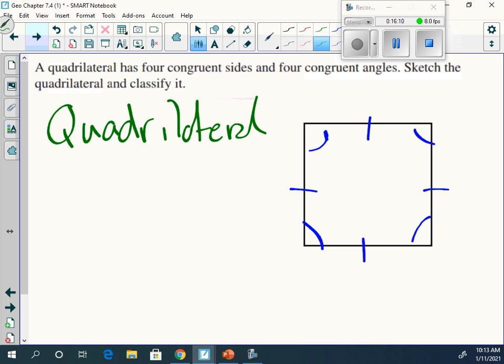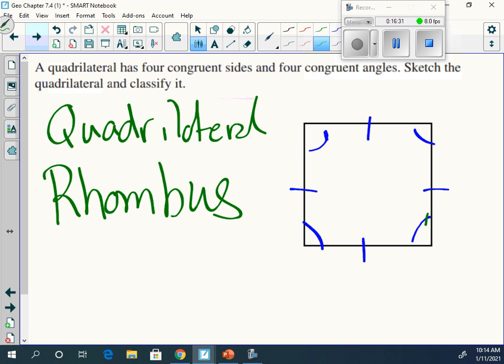Okay. Now, can we necessarily name it a parallelogram yet? It didn't say anything about parallel lines, did it? No. But what else do we know? Well, 4 congruent sides means it's a rhombus, because a rhombus is a 4-sided figure with 4 congruent sides.